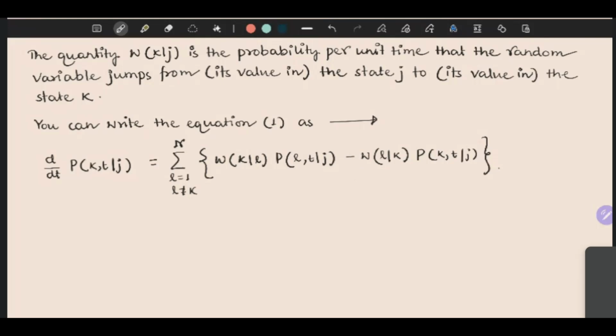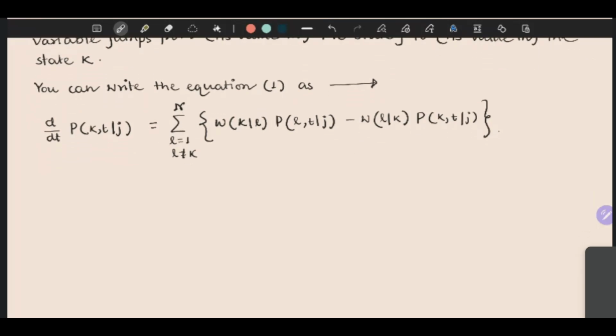So if you talk about this, it can be seen like this: you are taking the probability rate per unit time, how it is changing. Let's say this state is K. So this will be how many paths are coming into this and how many paths are going out of this.